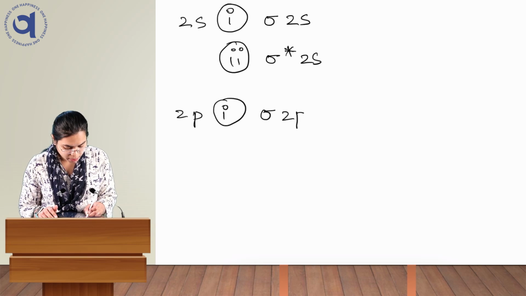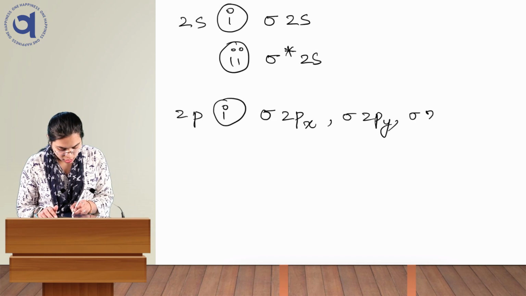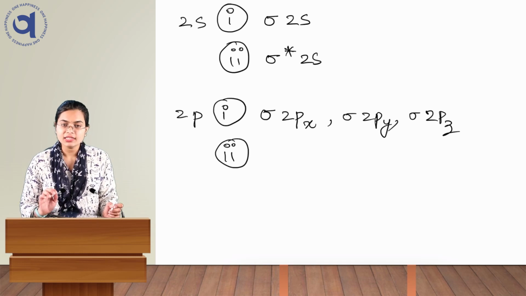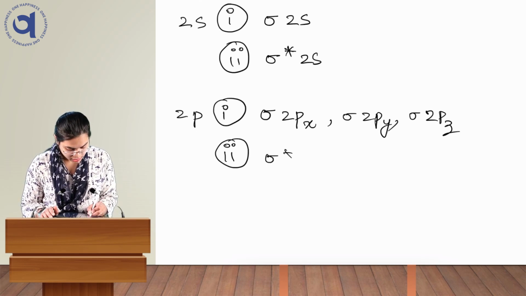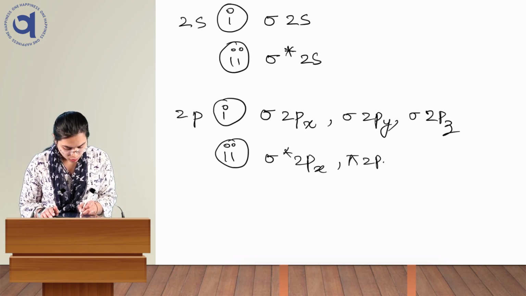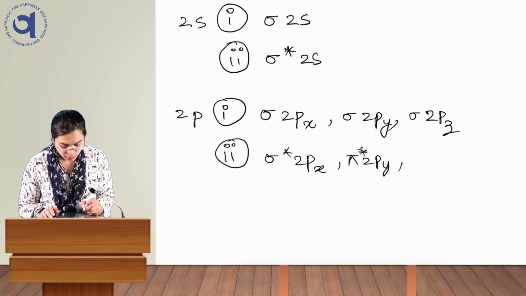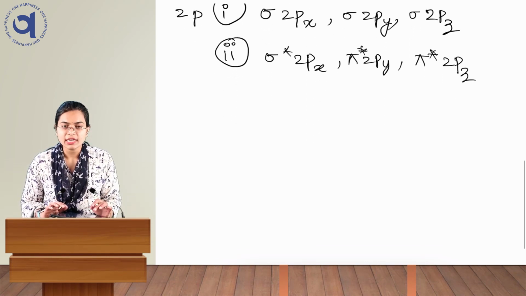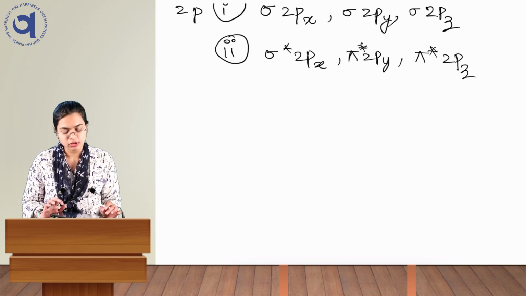Sigma 2px, sigma 2py, sigma 2pz, and the second type, which is the anti-bonding molecular orbital of 2p, that is sigma star 2px, pi 2py, pi antibonding 2py, and the pi antibonding 2pz. Alright, so these are those six types of bonding and antibonding molecular orbitals.